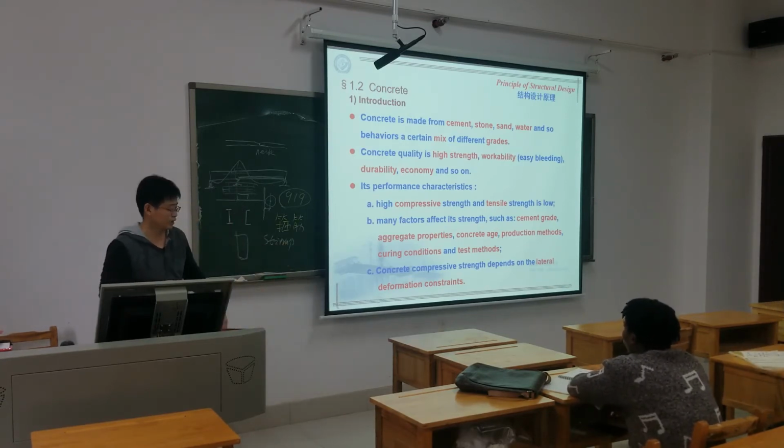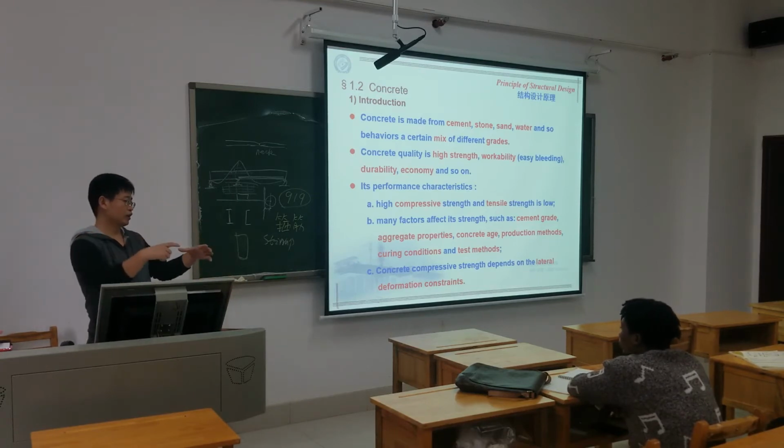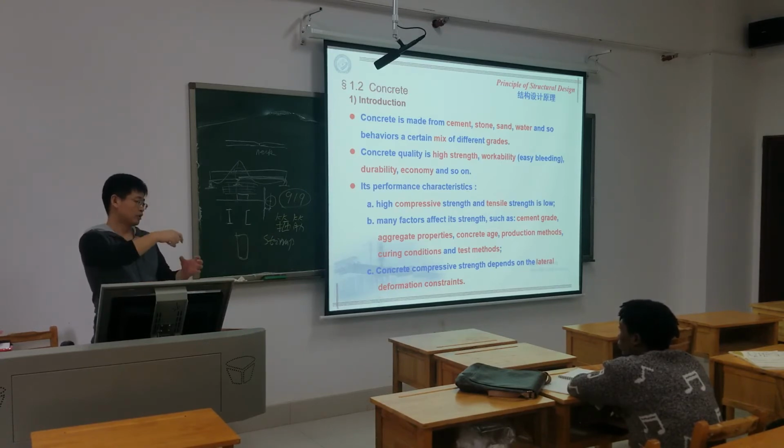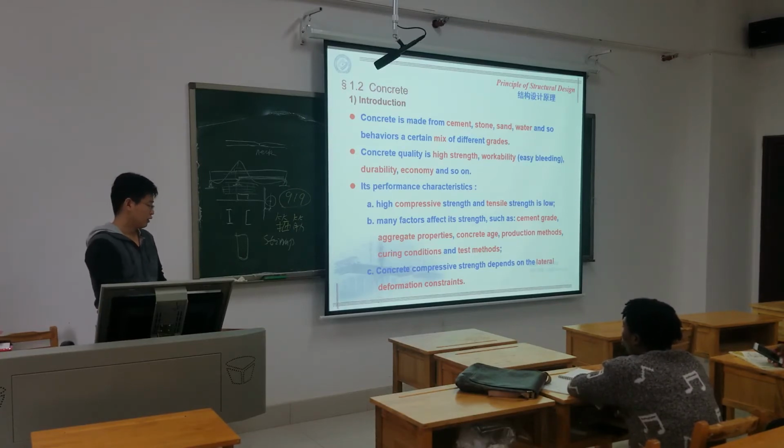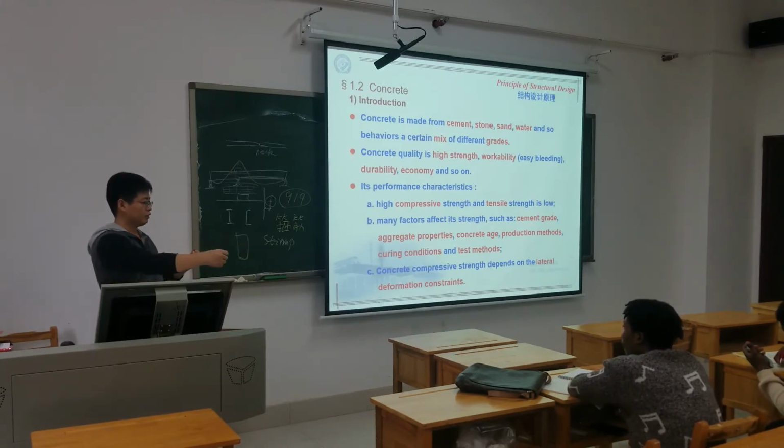If you constrain the lateral deformation, of course the strength will be improved, which is easy to understand. In another situation, if you pull outward at the lateral, it gives the concrete some force pulling it, then I think you will get a very low strength value.